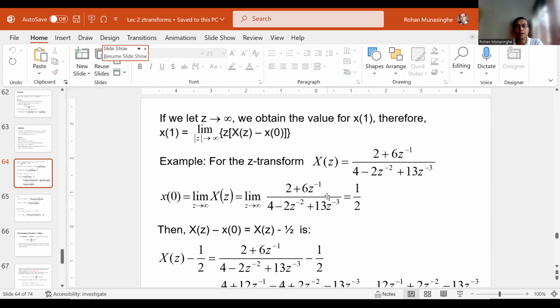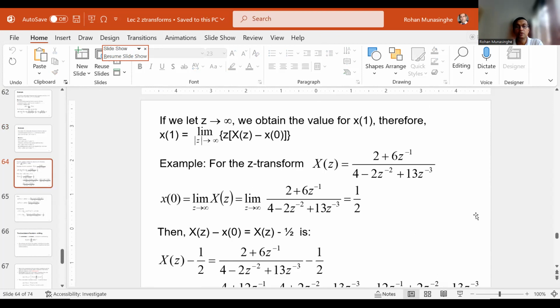There's an example, this one. Why don't you take a little time and work it out? So I'm giving you this example. Get a little bit of practice. Find me x0 and x1. I'm going to give you a few minutes for that.